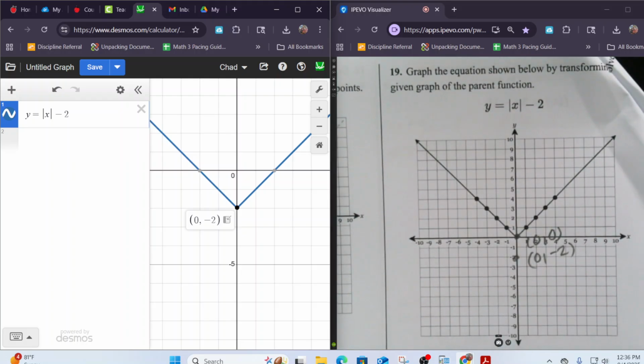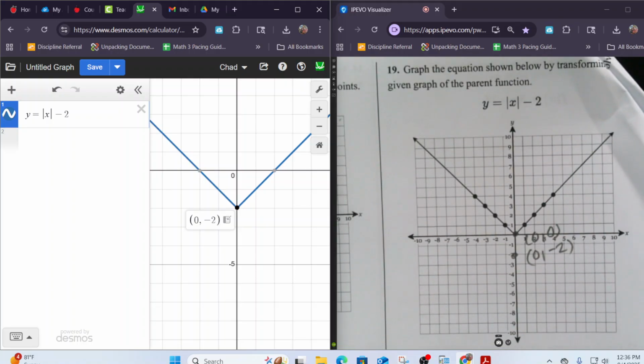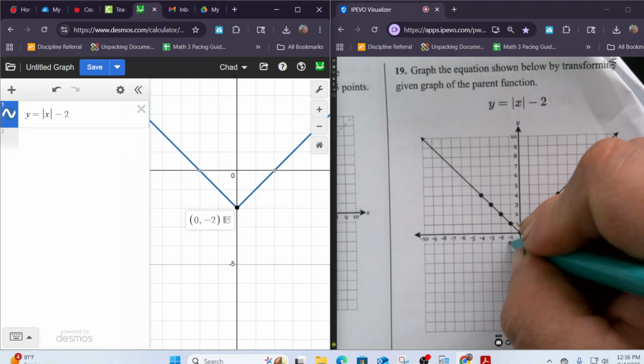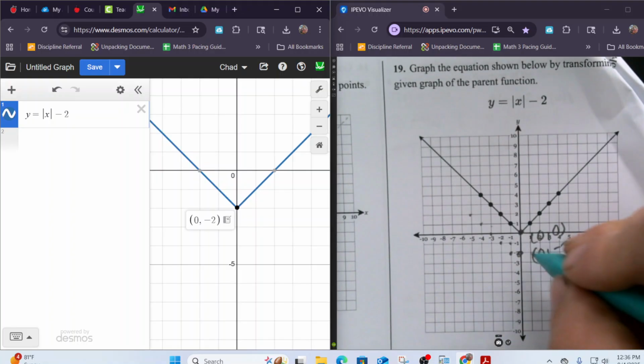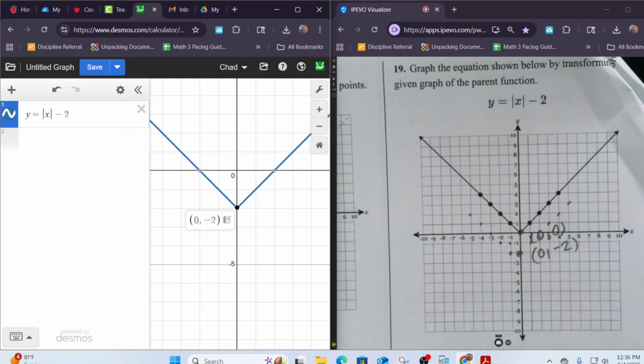That's all it did, went down 2. That's what the -2 is here. Remember, that's the vertical, and this is the horizontal. So now all you do, keep the same slope. Let Desmos graph it for you, okay?